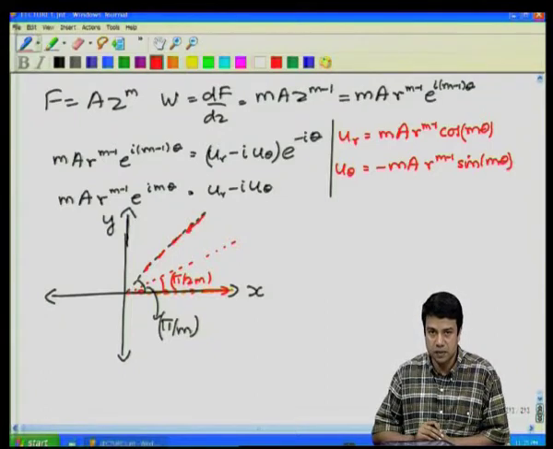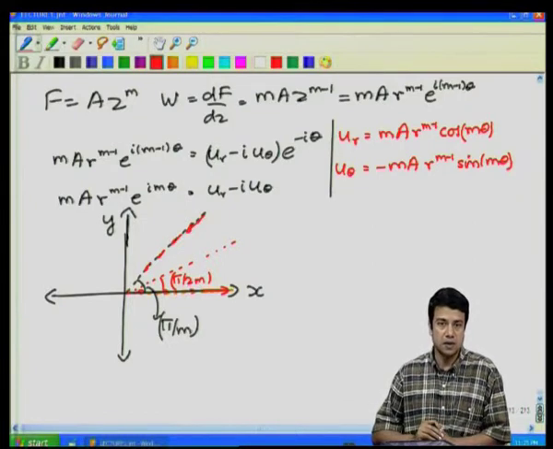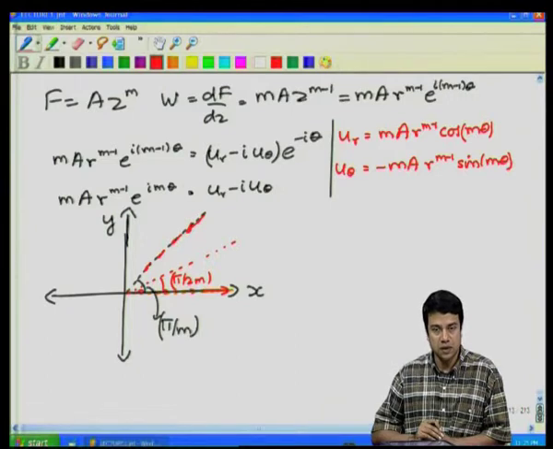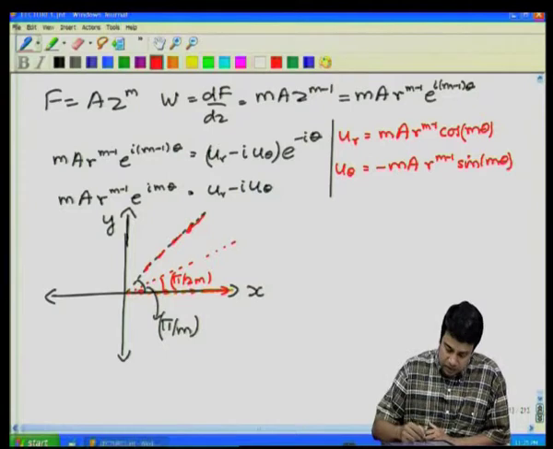So, there is no radial component. Sin of m theta is 1, and u theta is minus m a r power m minus 1. So, you get a theta velocity that comes something like this.